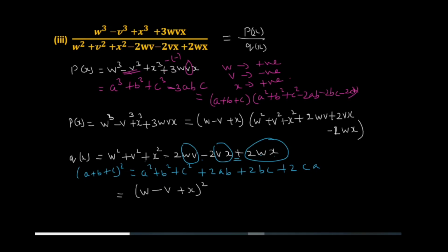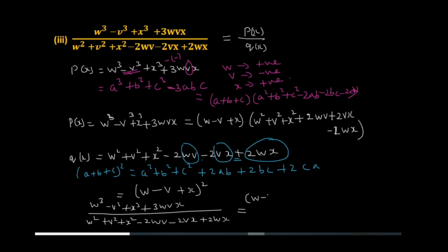So the given question, w cube minus v cube plus x cube plus 3wvx divided by w squared plus v squared plus x squared plus 2wv minus 2vx minus 2wx, is nothing but the numerator factorization w minus v plus x into w squared plus v squared plus x squared plus wv plus vx minus wx, divided by w minus v plus x the whole squared.